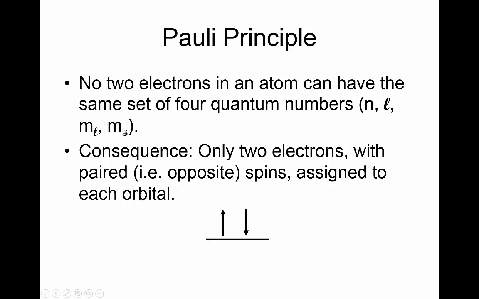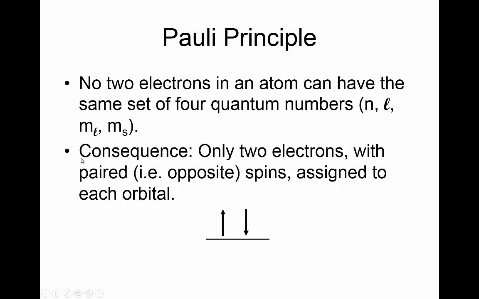This last one, m sub s, can be positive 1/2 or negative 1/2. And again, that just characterizes what kind of spin we have on our electron, whether it's spinning clockwise or counterclockwise, and what kind of magnetic property it will have, whether it would be deflected upwards or downwards when we pass it through that non-uniform magnetic field.